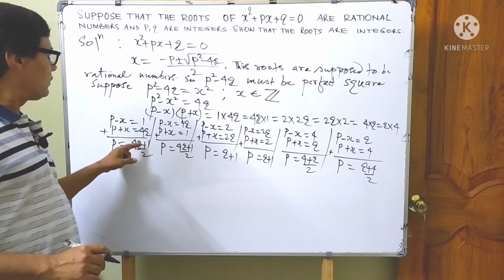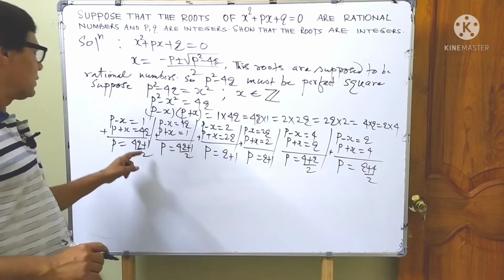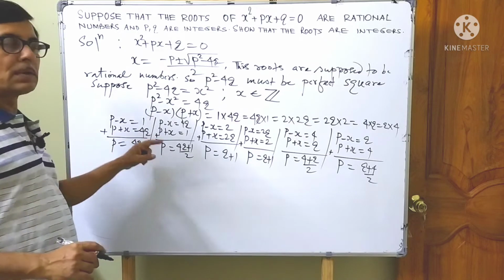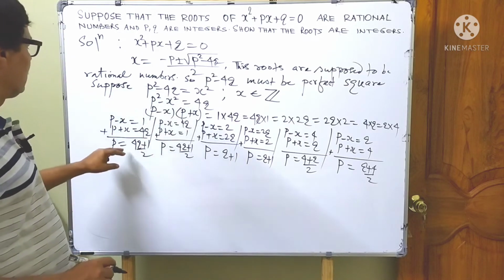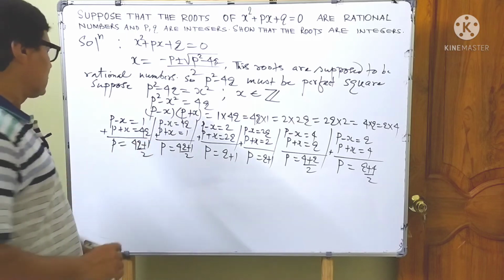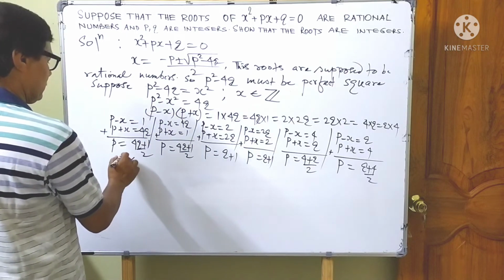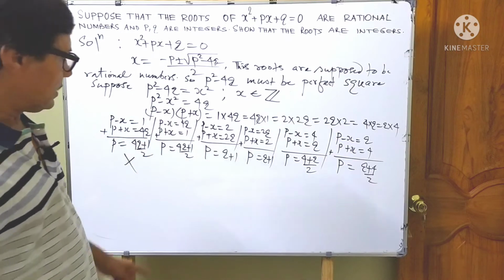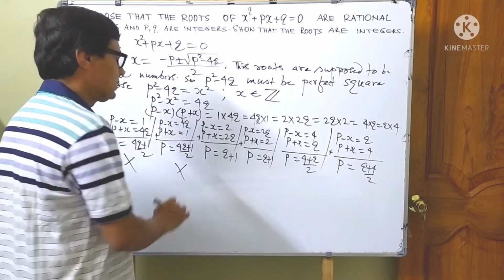So (4q plus 1) over 2, that is 4q plus 1, cannot be divisible by 2, so p cannot be an integer. So this is not possible, this is discarded, and this is also discarded.